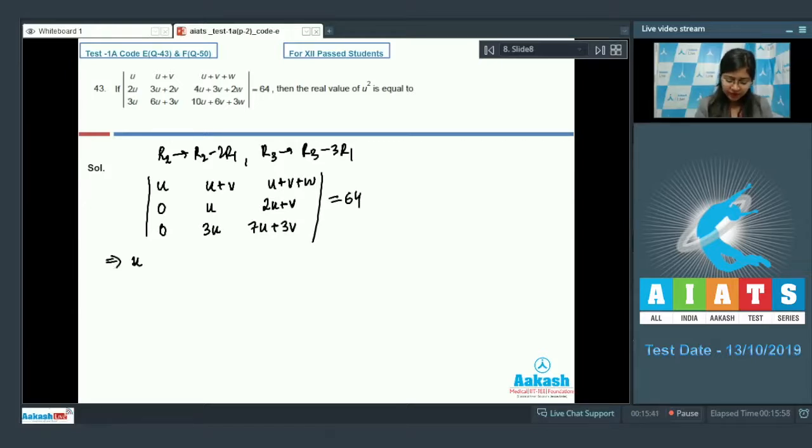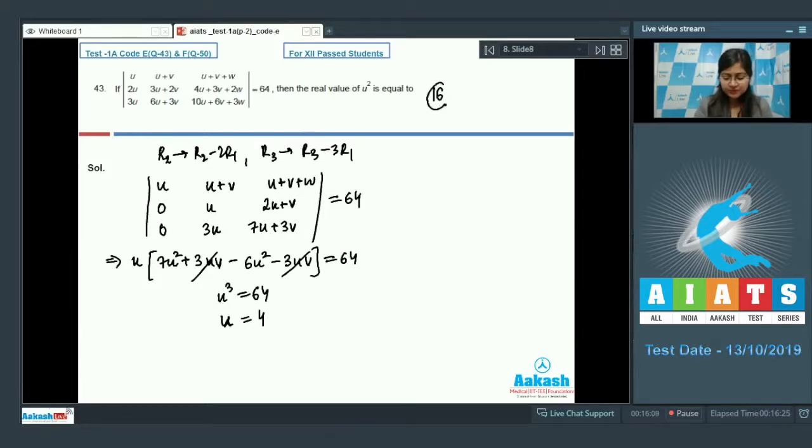So expanding along column 1, we will have u into (7u square plus 3uv minus 2(6u square minus 3uv)) is equal to 64. That is, u cube is equal to 64, which means that u is equal to 4. So the value of u square will be 16.